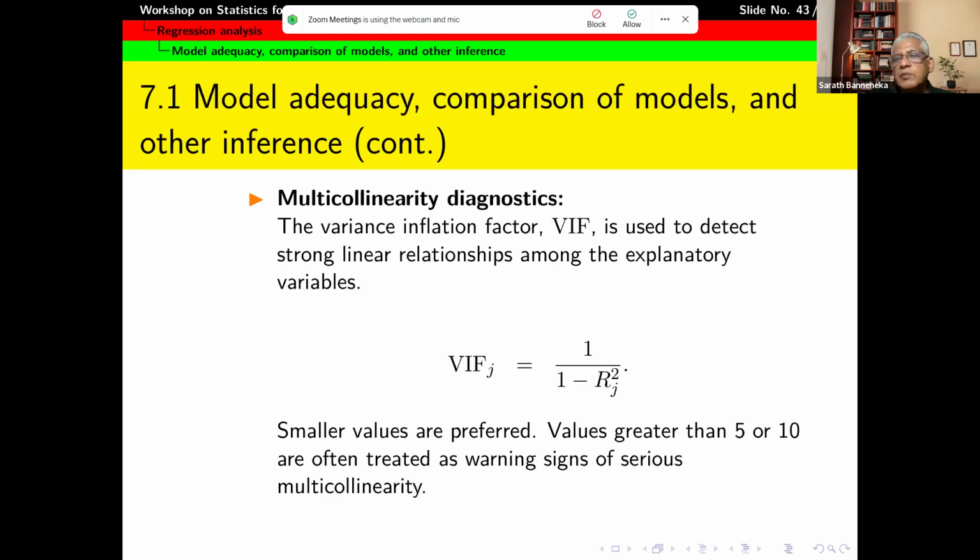In a stable model, if you just change the values of one or two x variables slightly, the model doesn't change that much. But when multicollinearity exists, that kind of thing can happen. Right? So that kind of model is not suitable for practical purposes. The model is very unstable. So in that case, there are certain things that we can do to avoid, reduce or remove the multicollinearity and get a better model.